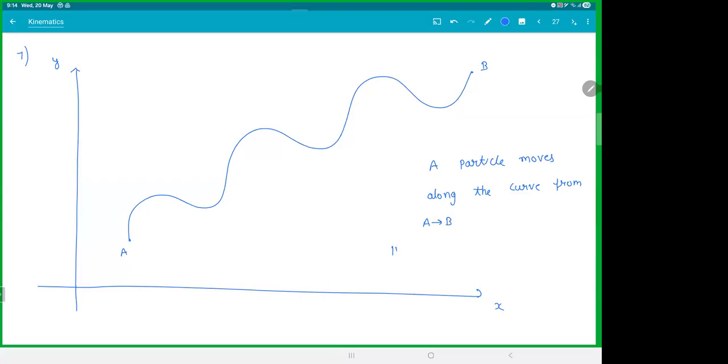Good question. How many times does V average and V instantaneous become parallel?